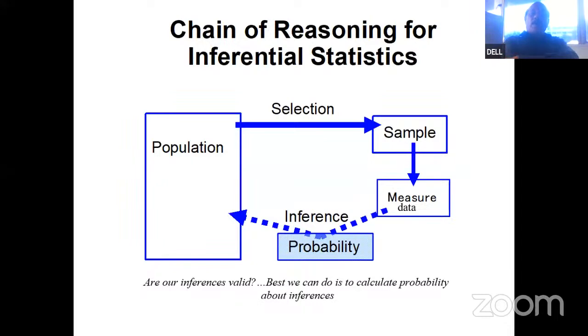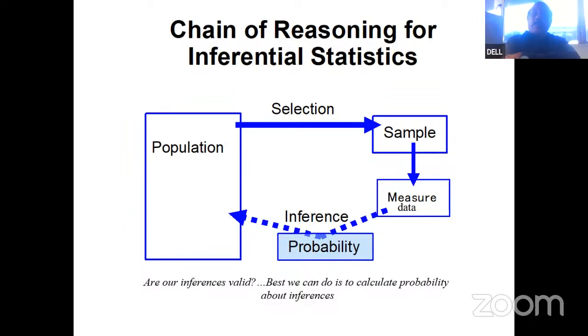The chain of reasoning for inferential statistics. So inference is nothing but, in a general sense, drawing conclusions, that means conclusions relating to our object of study. So in that aspect, from the population, a sample will be selected.